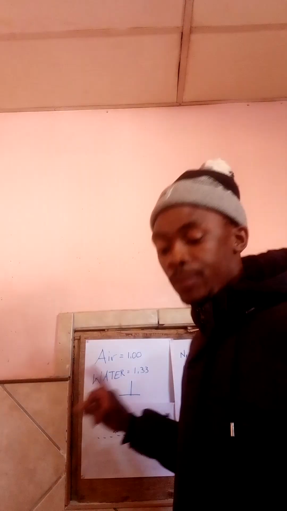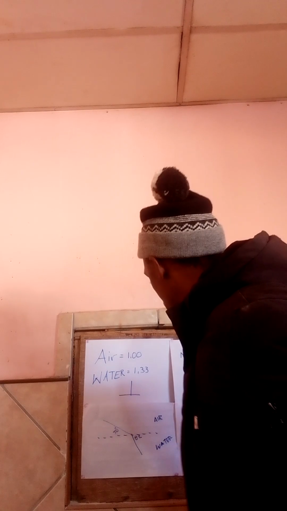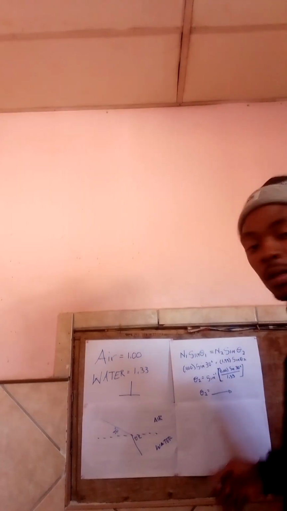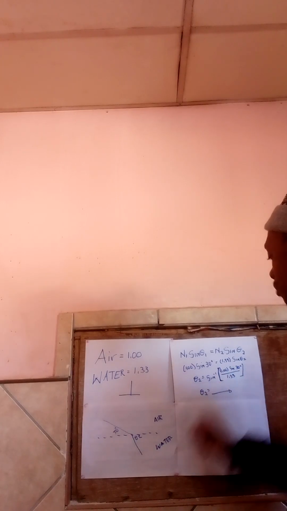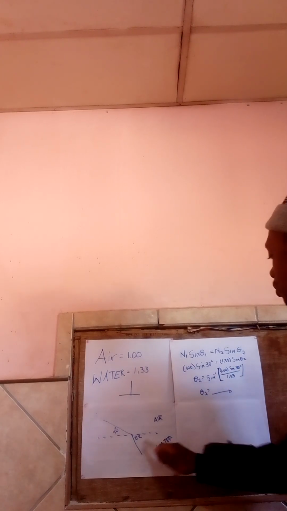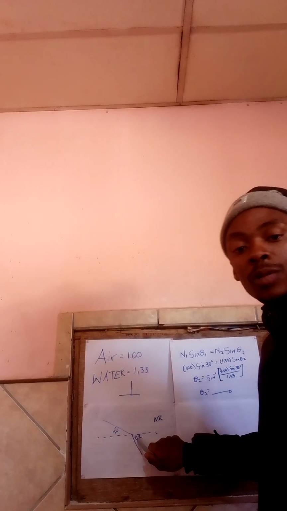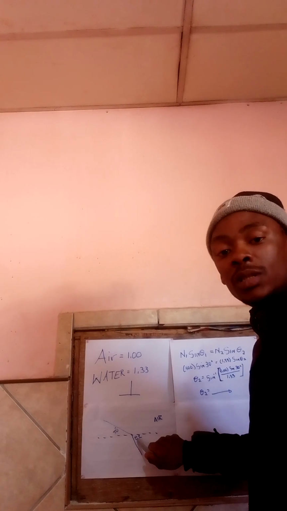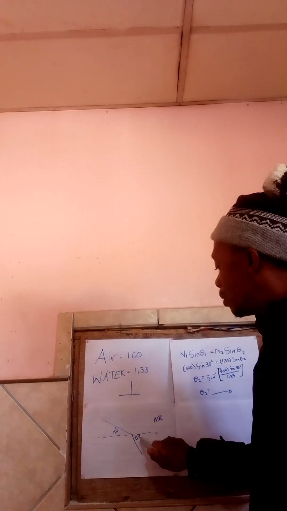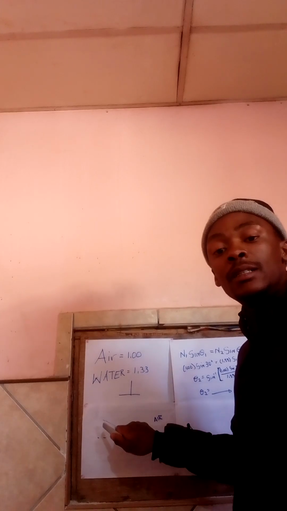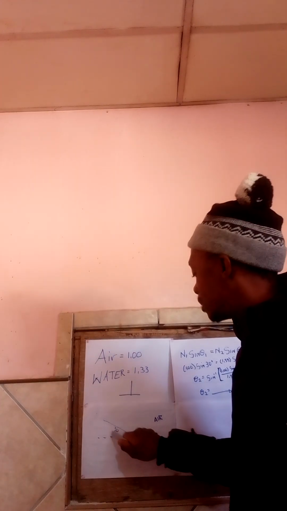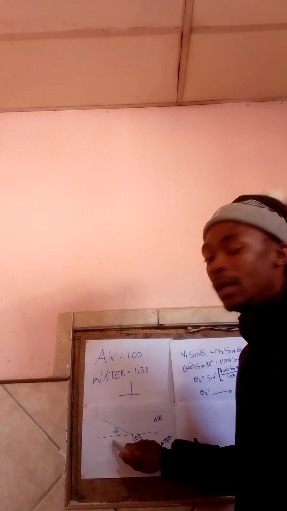Considering what we have just mentioned, let's look at this. We'll take water as the second medium. So the angle at which light will be traveling in water from air will be theta 2, and the angle at which light will be traveling in air will be theta 1.